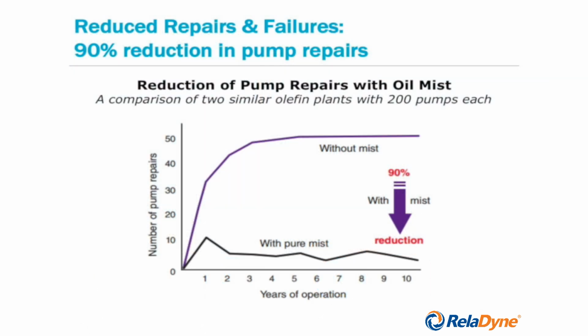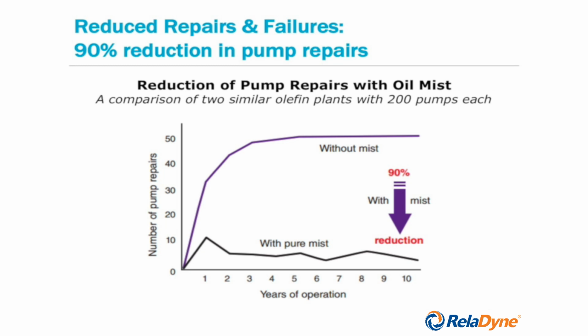So speaking of reduced repairs and failures, there are 2 similar olefins plants with 200 pumps each in the Gulf State region, in Texas to be exact, and one of them without oil mist had a number of pump repairs that is plotted on the upper graph.